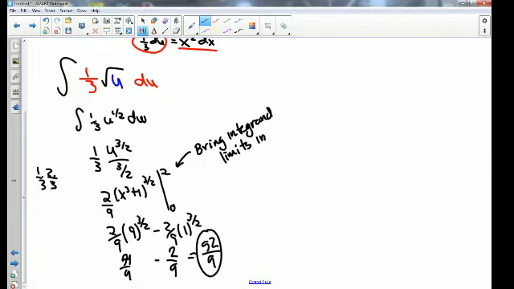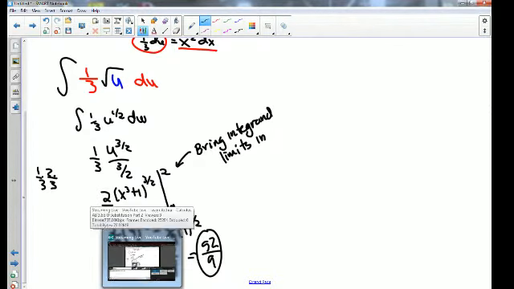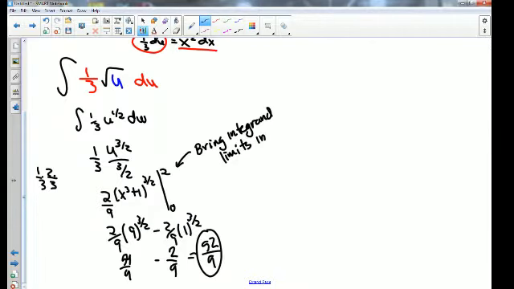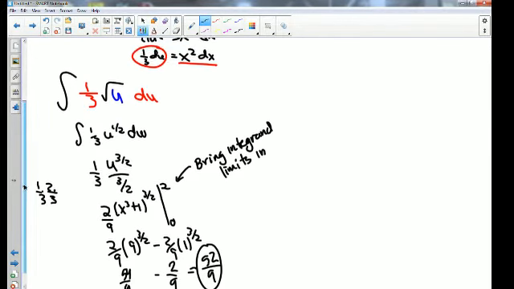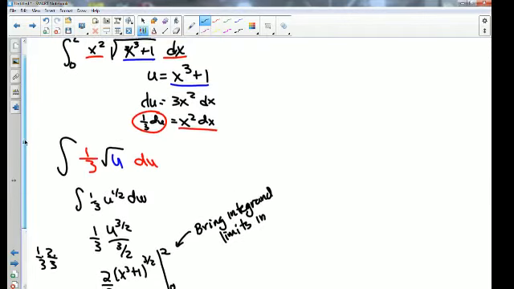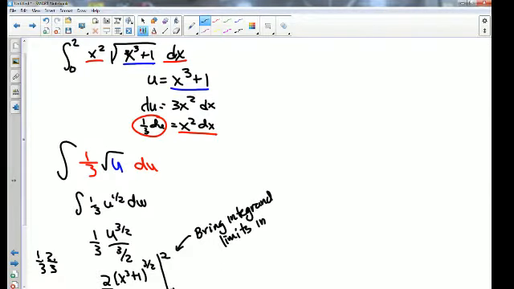And so our final fractional values are 54 over 9 and 2 over 9. So 6 minus 2 is... Oh, minus. Okay, so that's one way to deal with the definite integral.